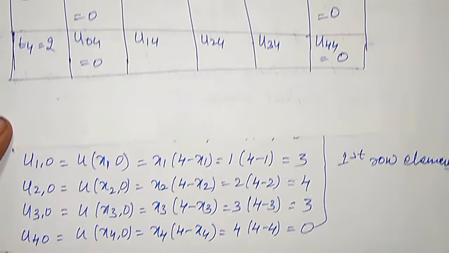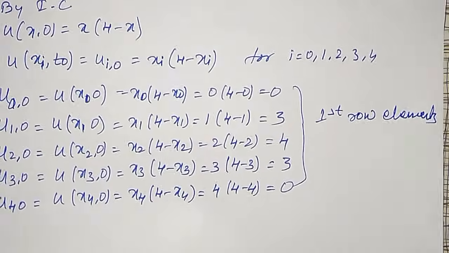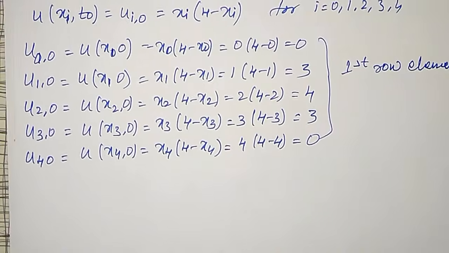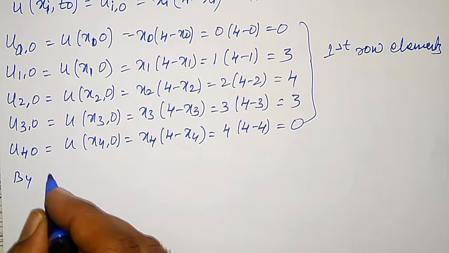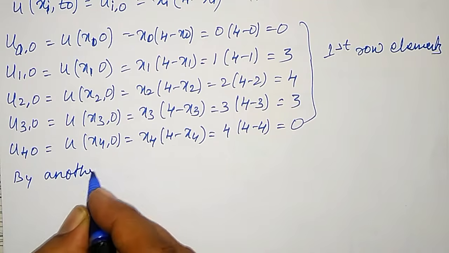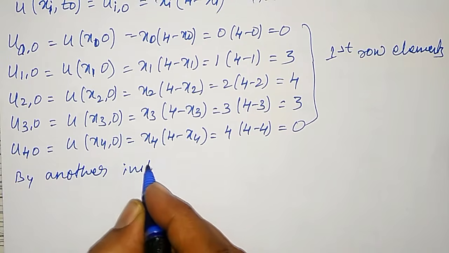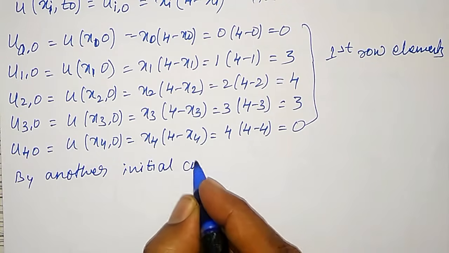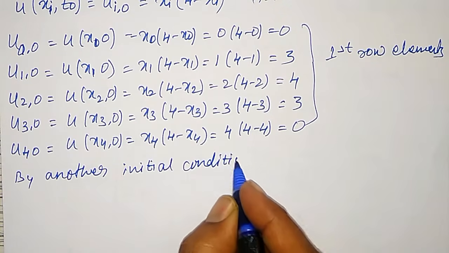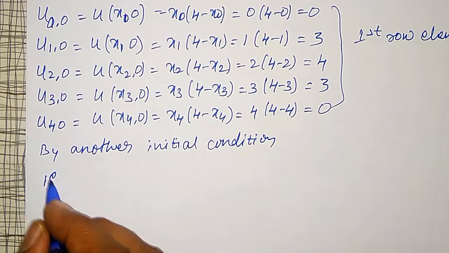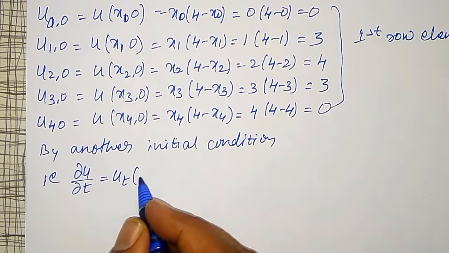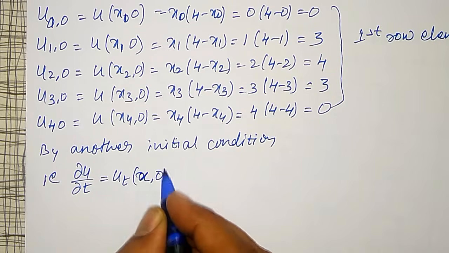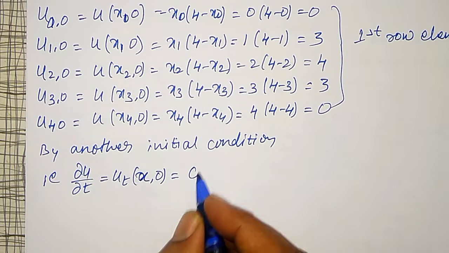Then to find the second row elements, let me use the other initial condition, that is dou u by dou t, that is ut at 0 comma x comma 0 is equal to 0.